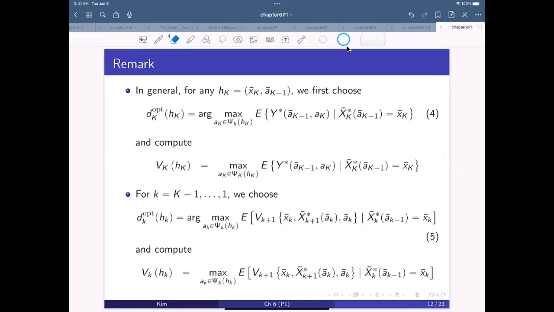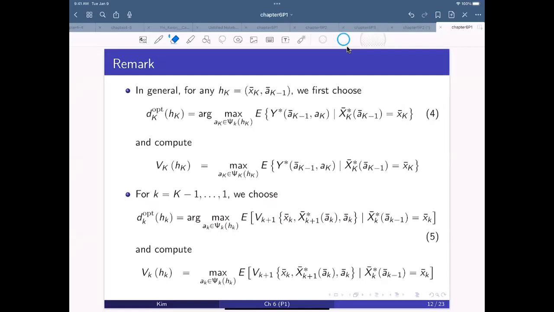You use the model for Y to find the optimal decision at the end, and then use that to construct the best value function, and then use the value function as a kind of Y variable at that step, then optimize, and use that to obtain your update.